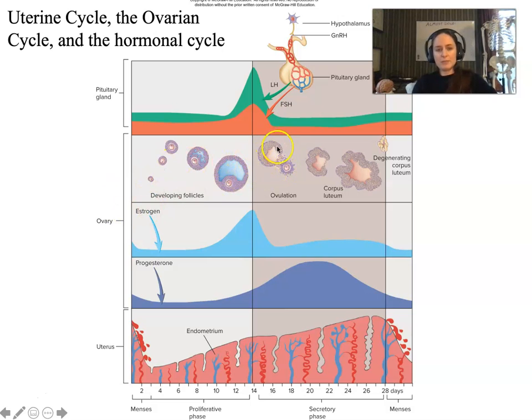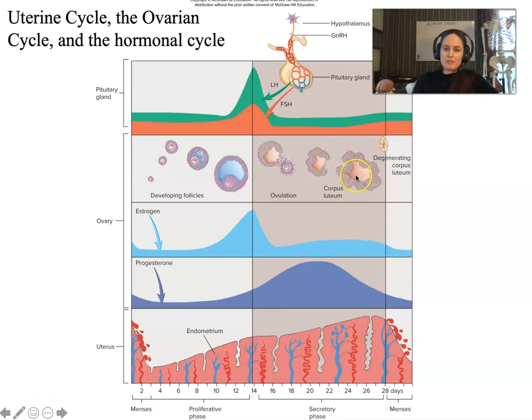But the cool thing about this follicle is that it sticks around. It stays in the ovary after ovulation, and it turns into something known as the corpus luteum. I kind of already said this, but I'm going to clarify it now: the corpus luteum is actually the thing secreting the progesterone here.